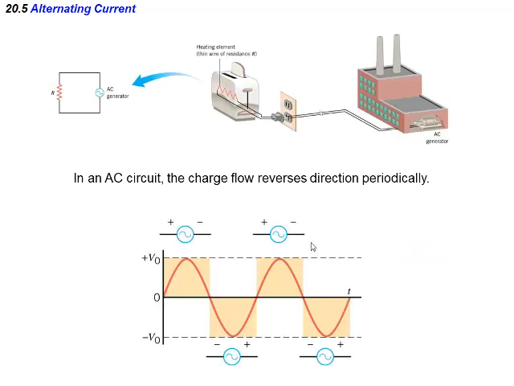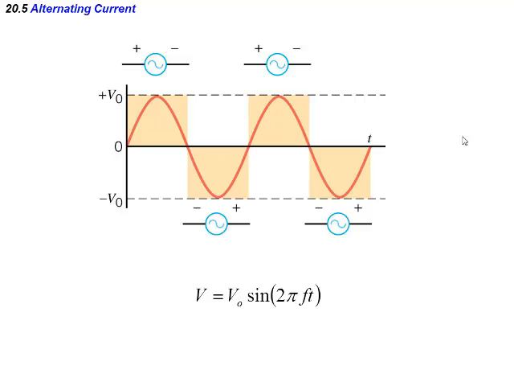Alternating current reverses direction. Because of the power generated in an alternating current generator, the current flow changes direction frequently. The equation for that is V equals V max times sine of 2 pi frequency times time.